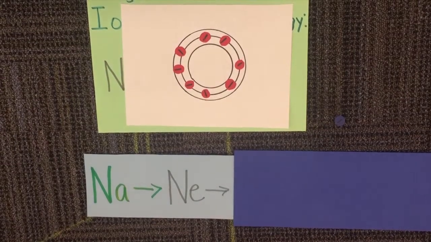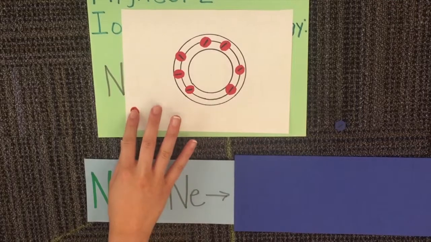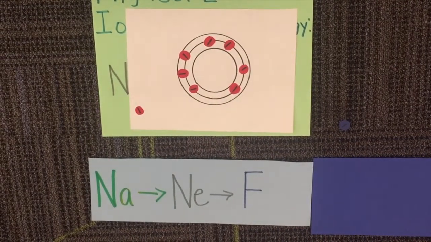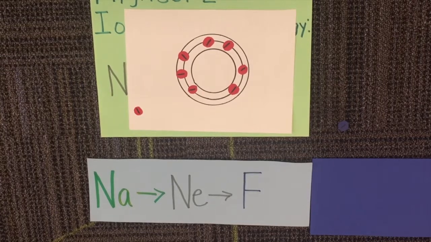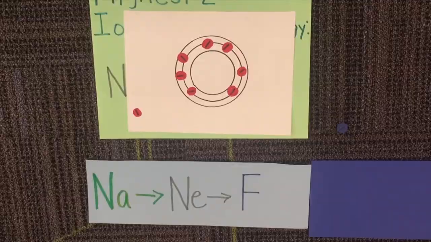But when you take away one more electron to get to fluorine, the ionization energy increases because it takes more energy to move away from a stable state provided by the full electron shell.